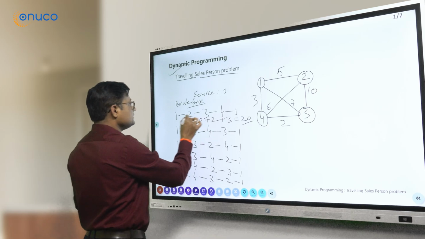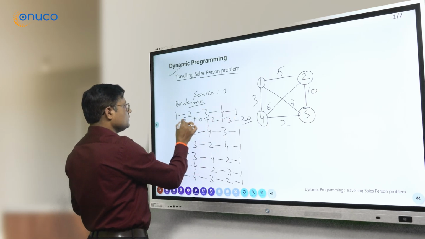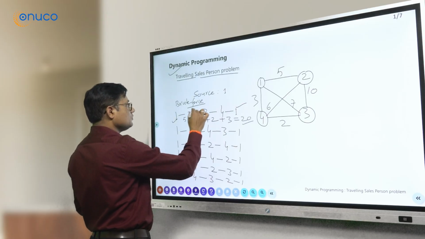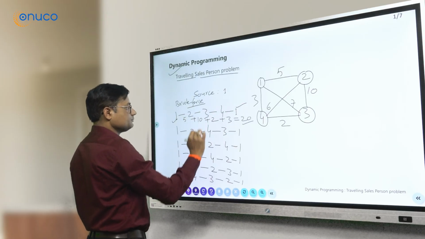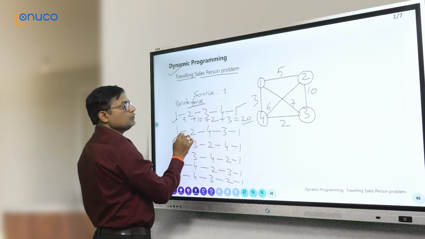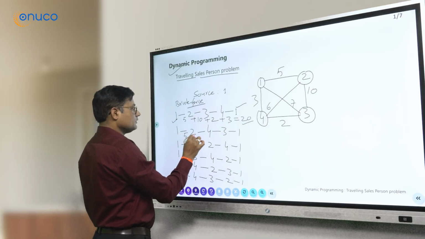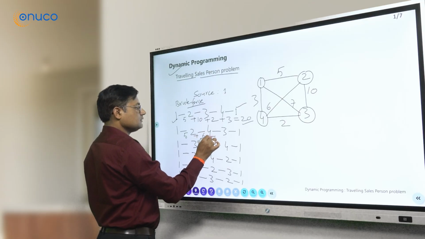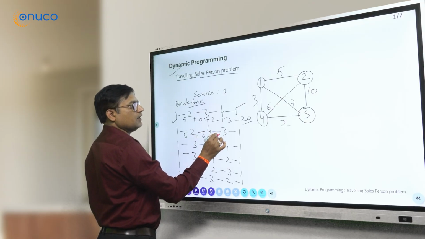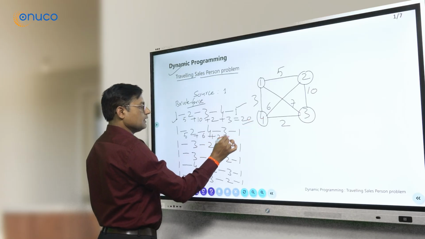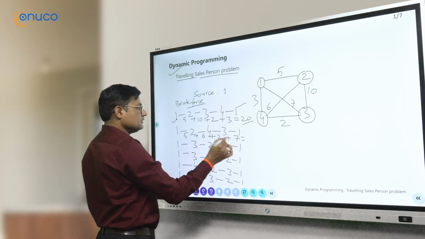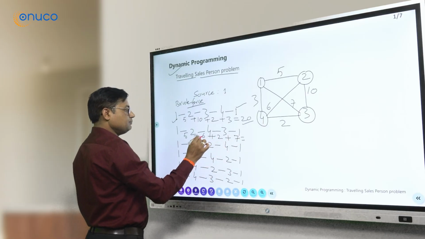So this 20 is the total weight from source to source by visiting all the vertices exactly once. Similarly, 1 to 2 is 5 plus 2 to 4 is 6 plus 4 to 3 is 2 plus 3 to 1 is 7. So 7 plus 2 is 9 plus 6, 15 plus 5, 20.